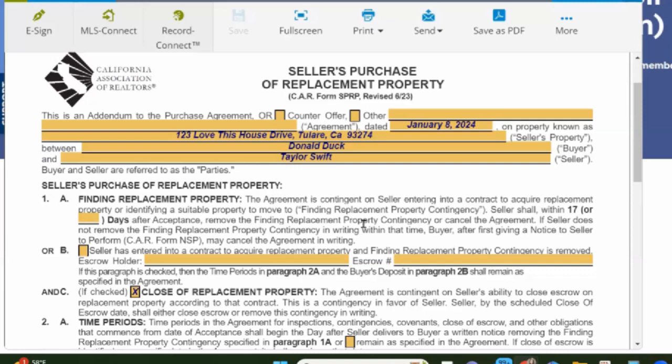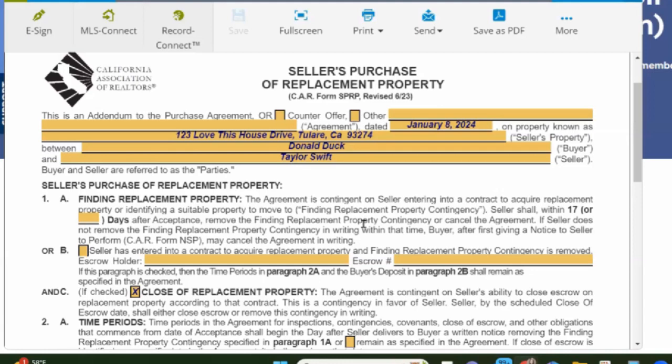And then if the seller falls out of escrow on their replacement property, maybe they did their inspections and there's a big inspection item and they don't want to buy it, they can't come to agreement on repairs or anything like that, they're going to back out. And now they're going to cancel this agreement with you, the buyer, and you're out your money for your inspections. The seller doesn't have to reimburse you for that.